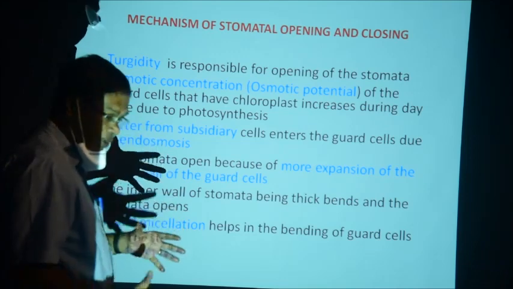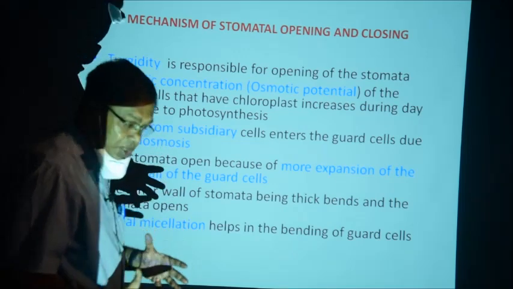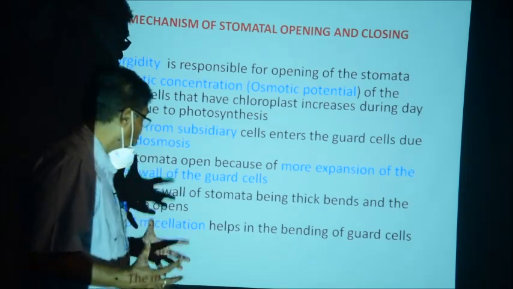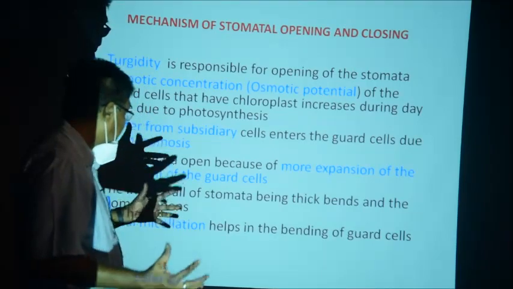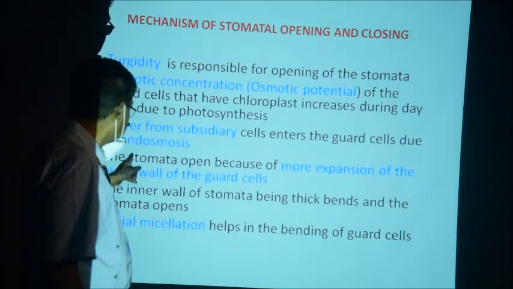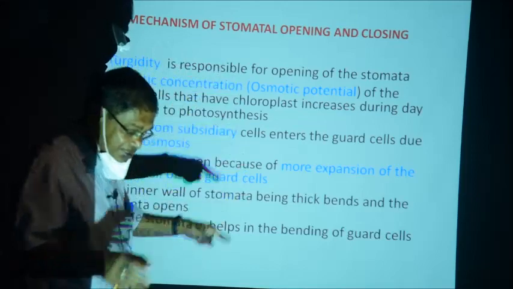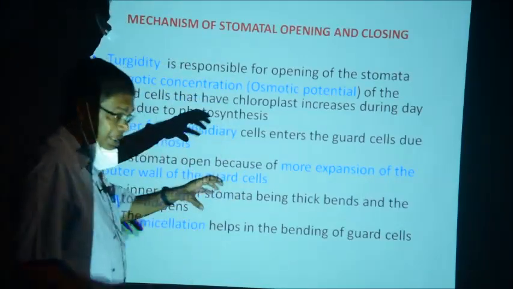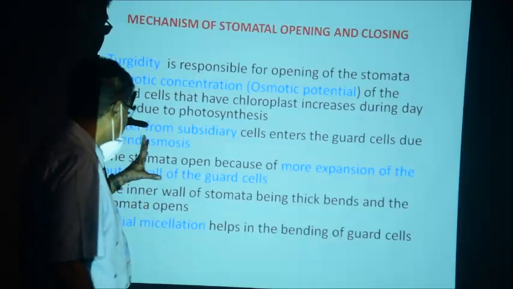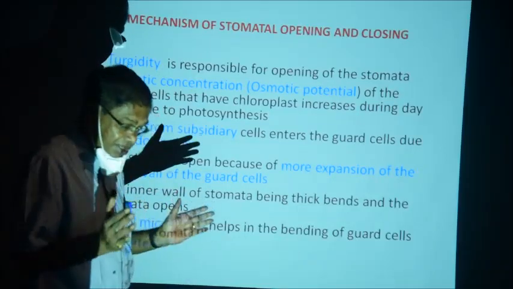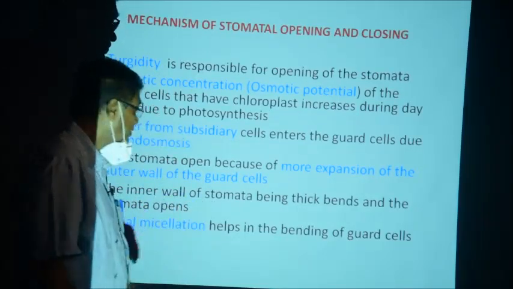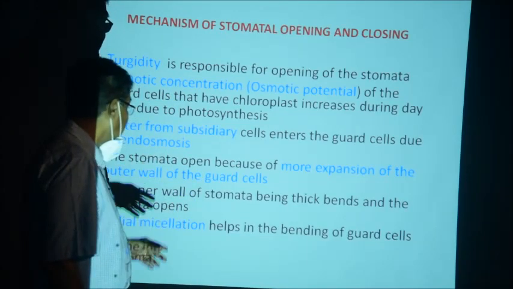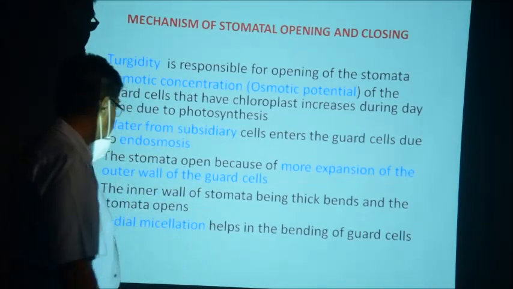Now, what happens is the stomata open because water enters into the guard cells from the cells around. These cells around the guard cells are called subsidiary cells, and the process of entry of water into the guard cells is called endosmosis.